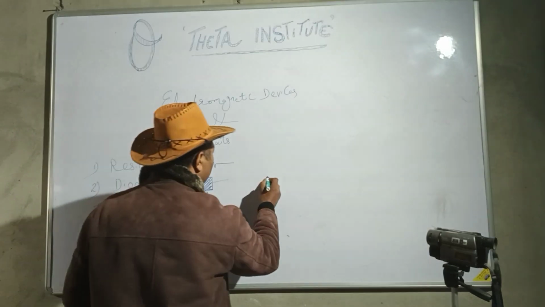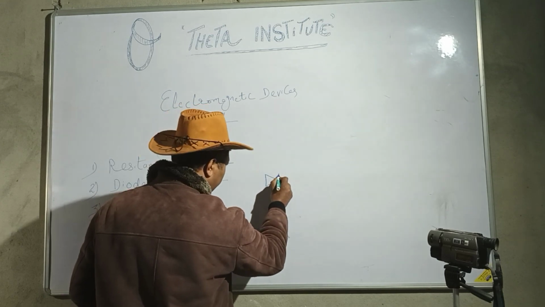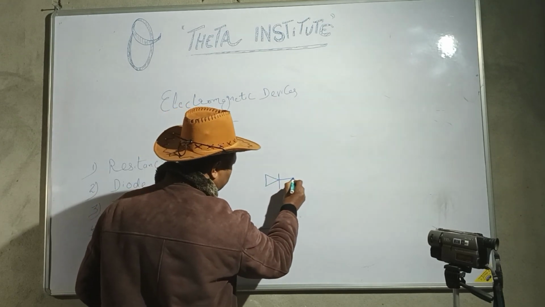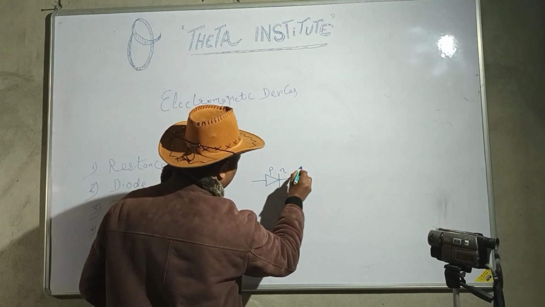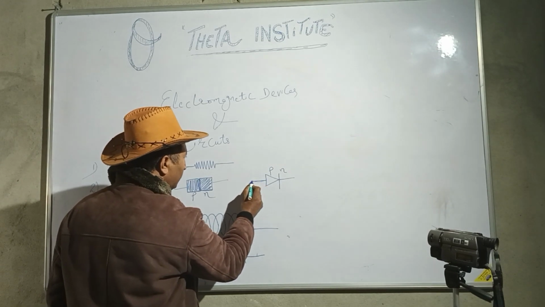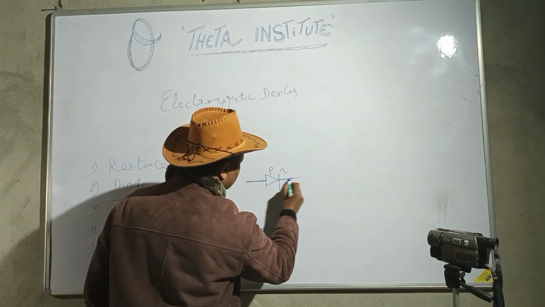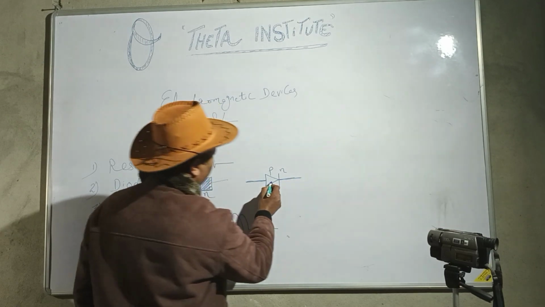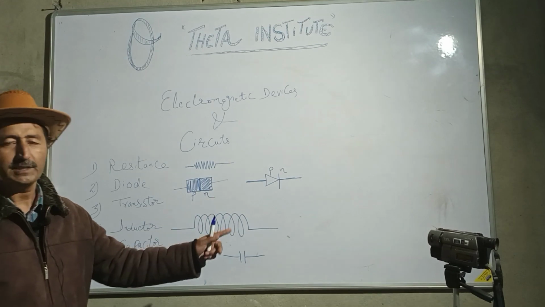Its symbol is P by an arrow and N by a strip. This is P and N, a PN junction. The symbol of a PN junction or PN diode in an electronic circuit is this symbol: from the P side an arrow and from the N side a vertical small line.